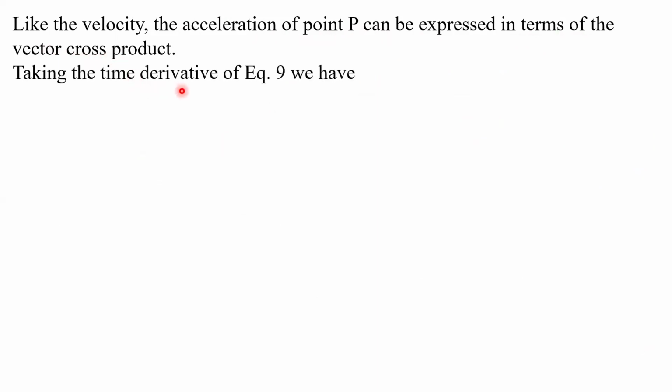Like the velocity, the acceleration of point P can be expressed in terms of cross product. Taking the time derivative of that, we have a equals dv/dt, and v is omega cross Rp.